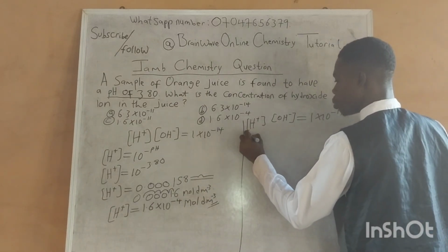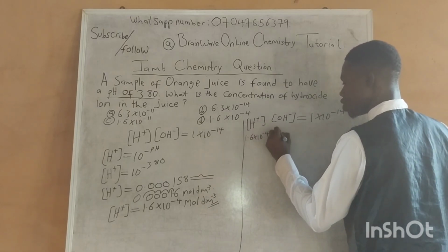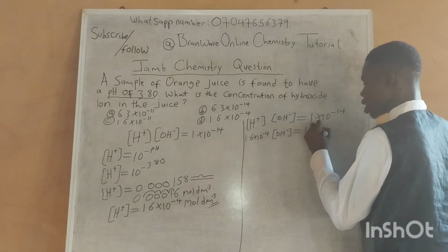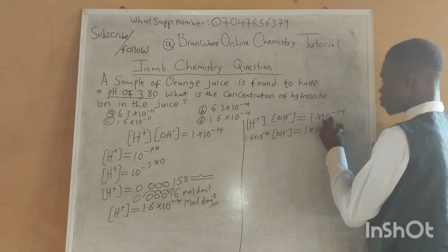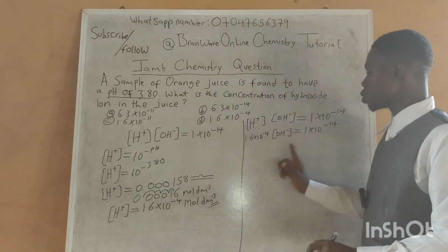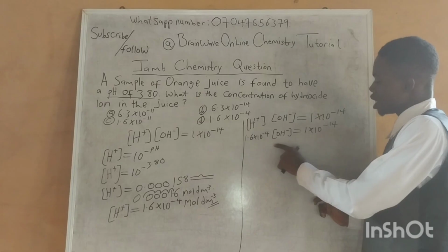So 1.6 times 10 raised to power minus 4 times hydroxide ion in brackets equals 1 times 10 raised to power minus 14. Now, they did not say we should look for 1.6 times 10 raised to power minus 4 hydroxide ion. They only said that we should look for hydroxide ion.